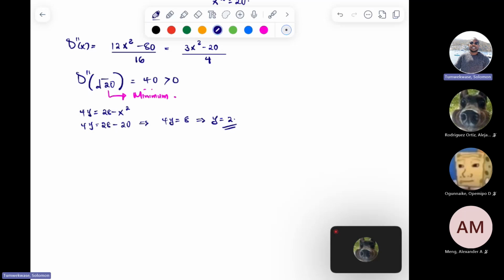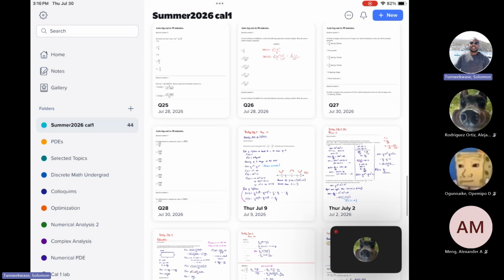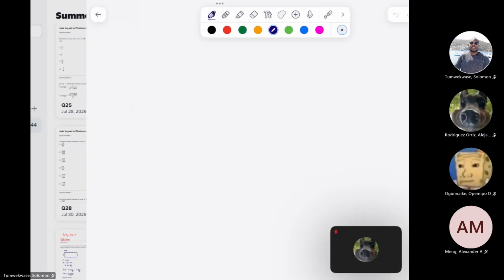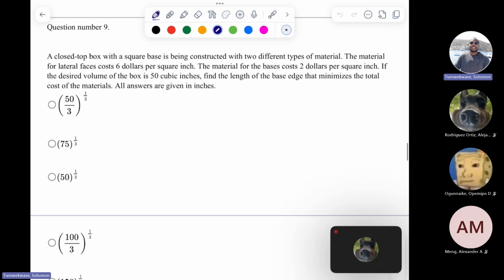Then D said that question 9, and question 9 is the same. So 6, 7, 8, and then 9.